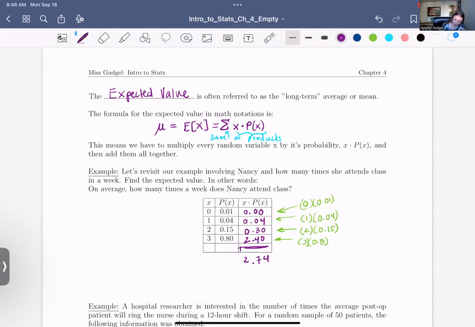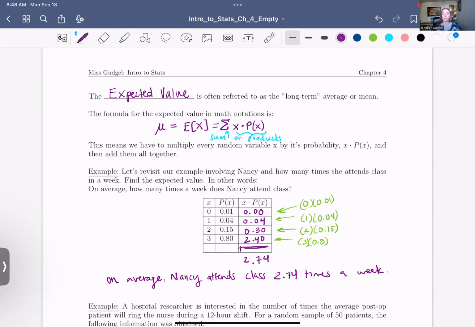Let's write a little sentence. On average, Nancy attends class 2.74 times a week. Now, when it comes to a summary, you can take a little liberty.